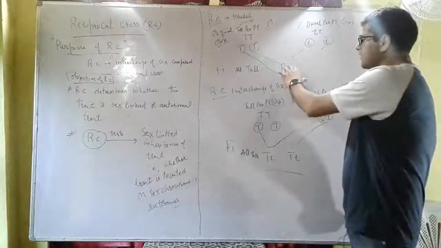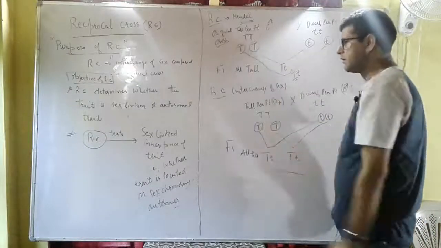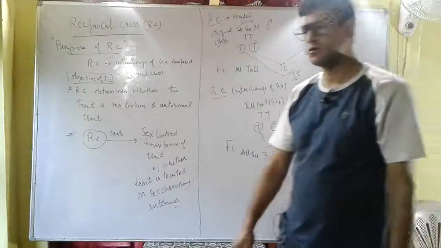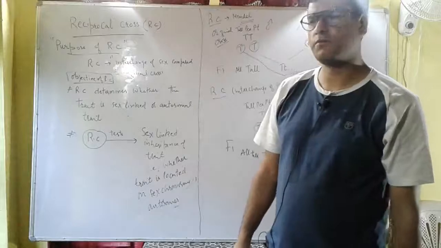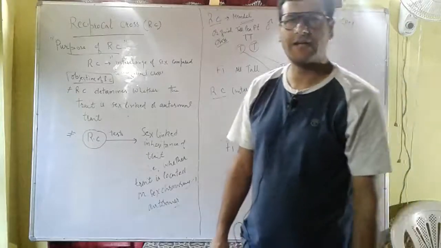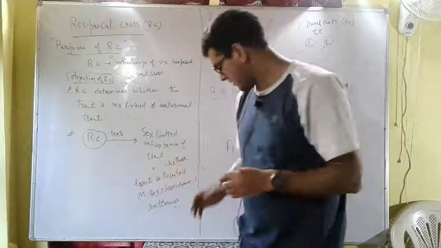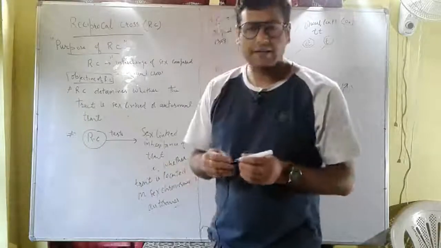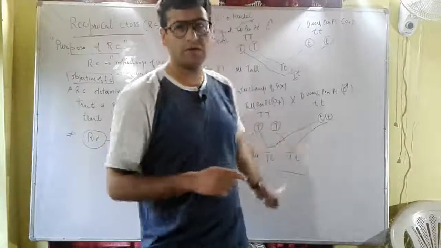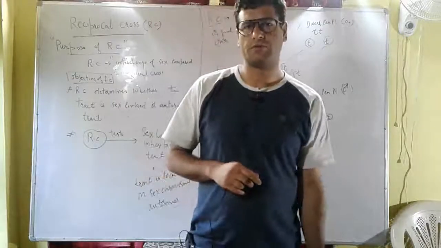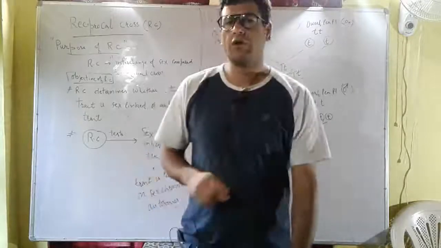The results of the original cross are identical to the results of the reciprocal cross. So he said there is no influence of parental sex on the inheritance pattern of the trait, because the genes were located on the autosomes.